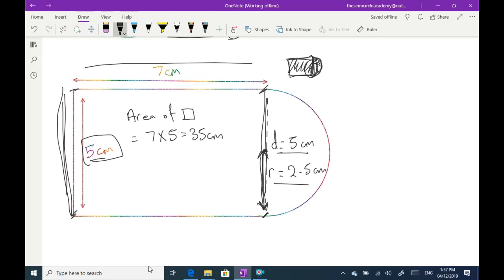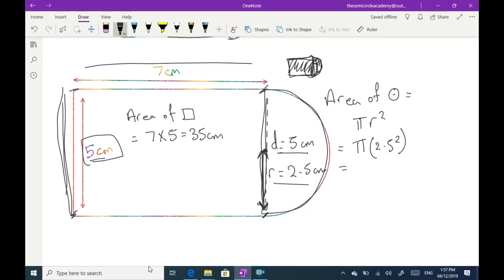We know the area of a full circle is equal to pi r squared. So the area of a full circle in this case would be pi times 2.5 squared, which is approximately 19.6 centimeters squared.